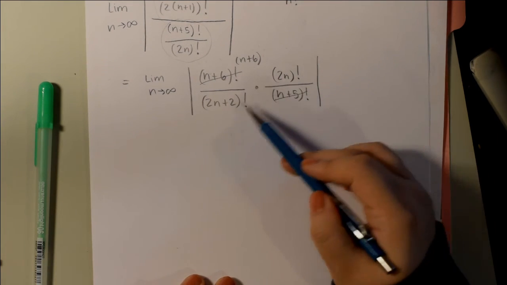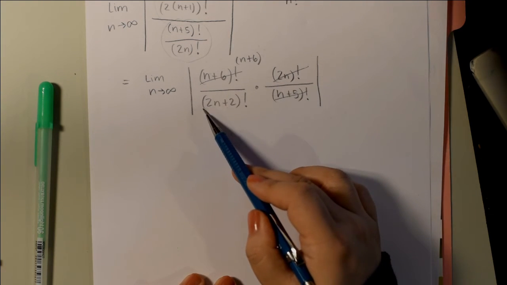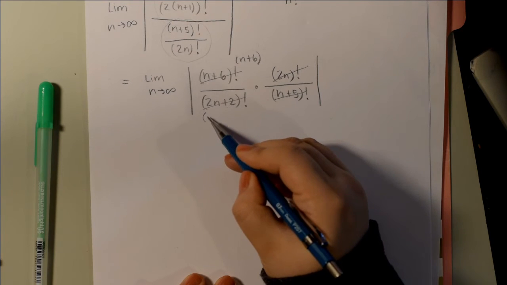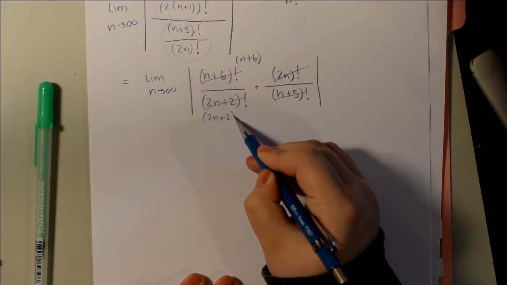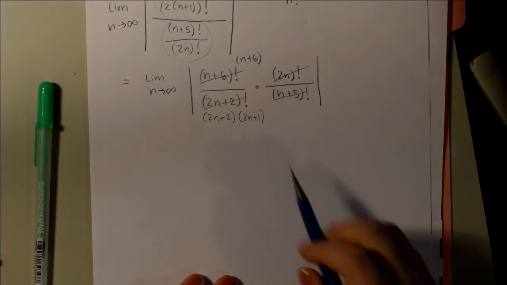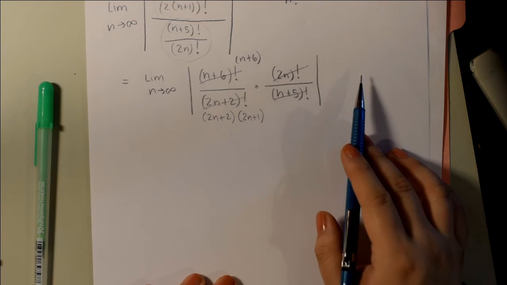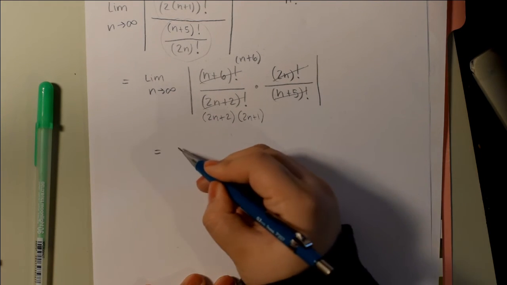And same for this and this. This can completely go away, and this would leave you with 2n plus 2 times 2n plus 1, right? And then you would have a 2n, but that would cancel out with everything before this. So this is kind of nice.